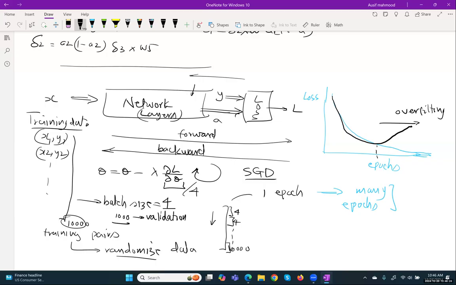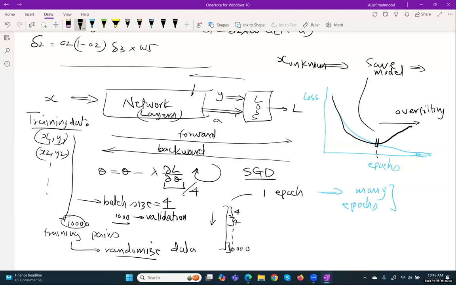Once we have determined, okay, this is where we should stop the training, now we will save that model at that point. And now we can give it X unknown and see how well it does. And usually that will be our best performing model, right?